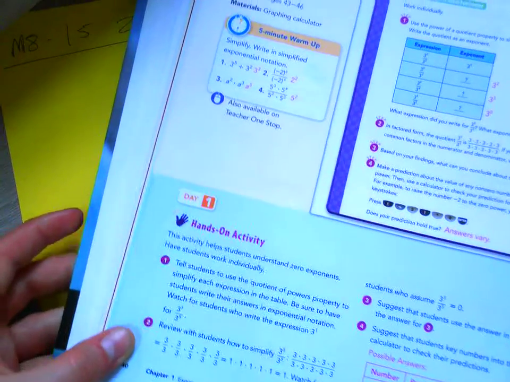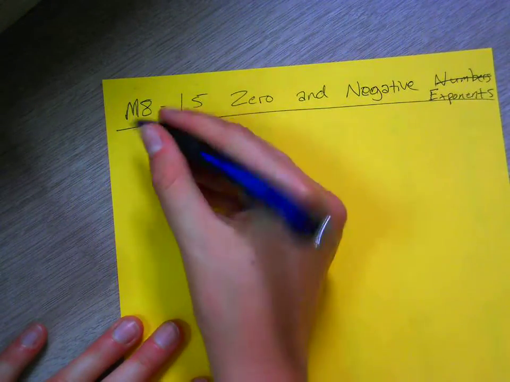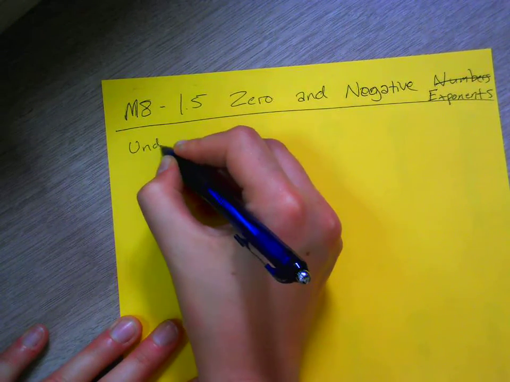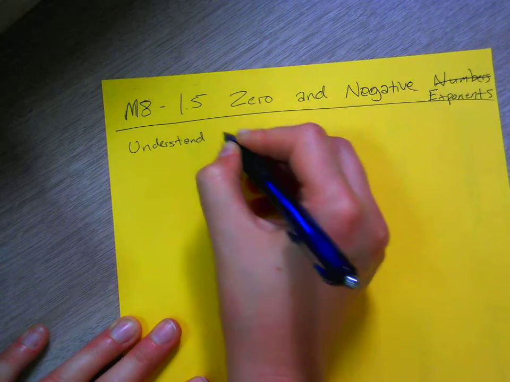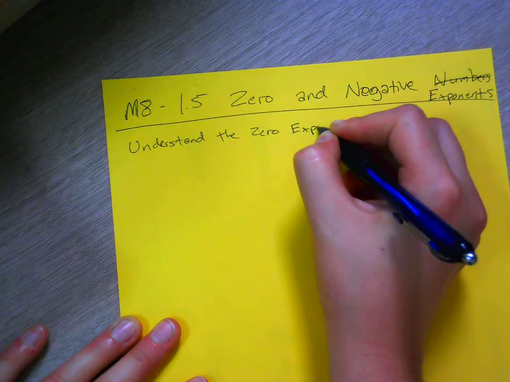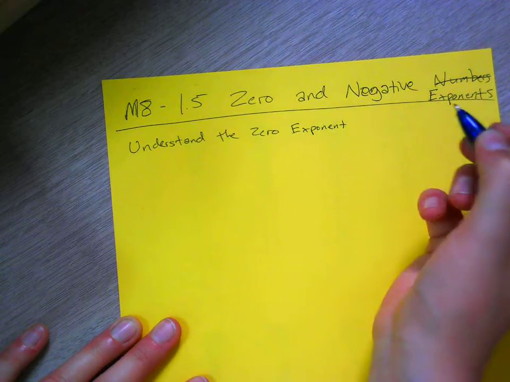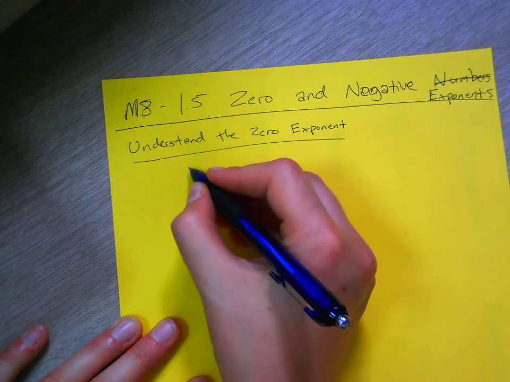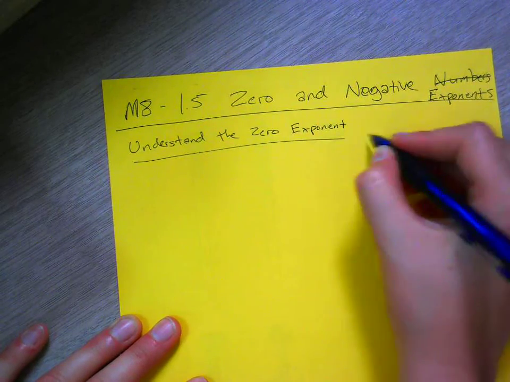Now let's start our notes with understanding the 0 exponent. So try to understand this in a different way. Now, here's our boxed thing. Remember this, very important.